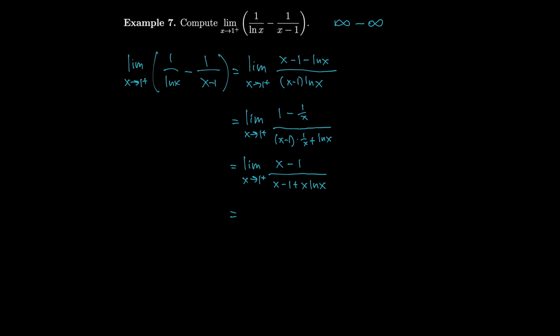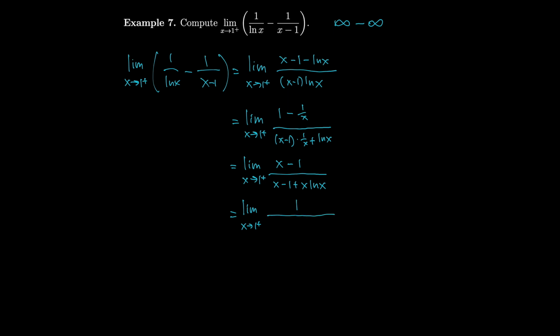Still don't know how to evaluate this, but fortunately, if I plug in 1 again, I get 0 on top, and on the bottom I get 0. So this is 0 over 0. So I do L'Hopital again. Taking the derivative of the top, I just get 1.